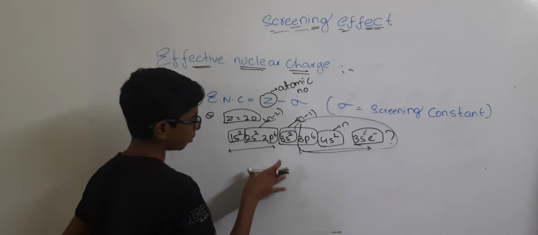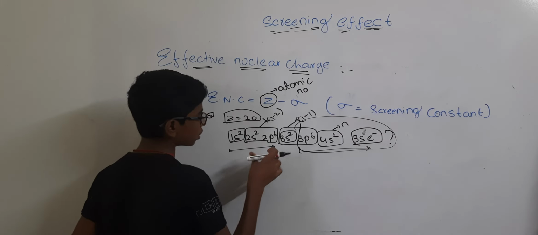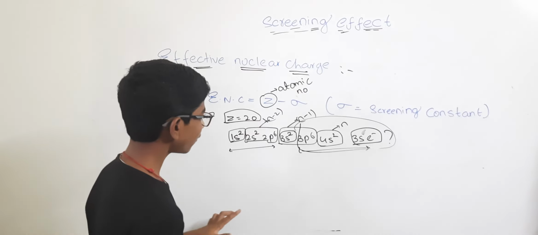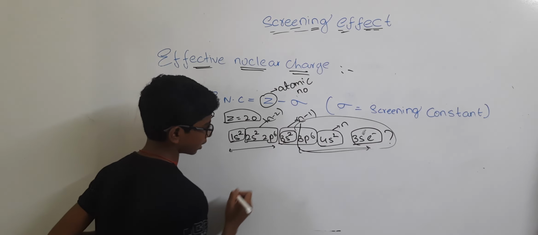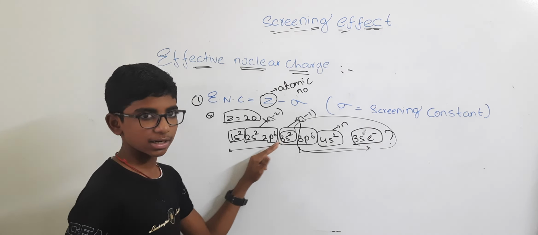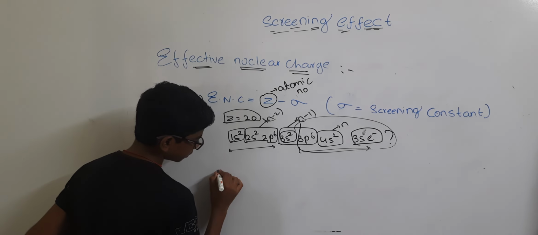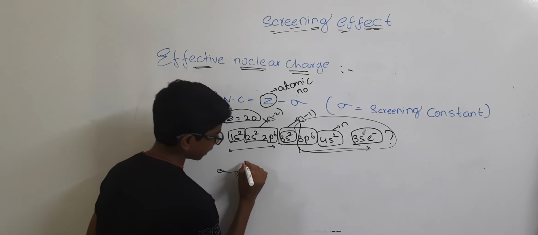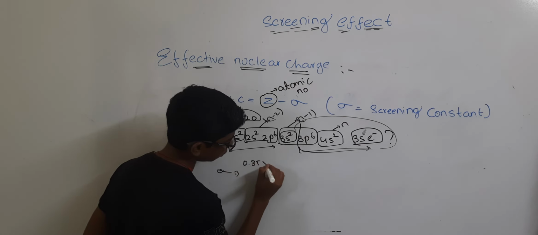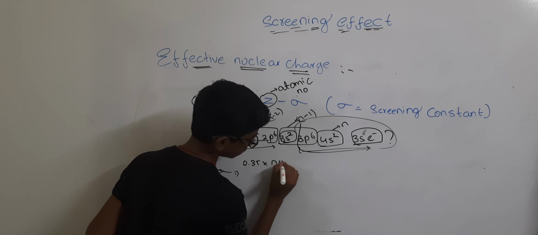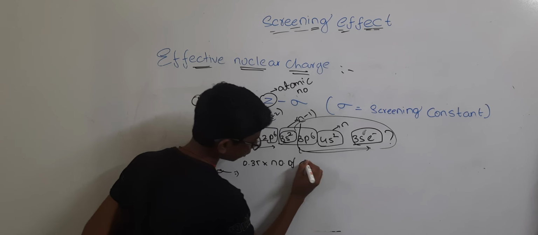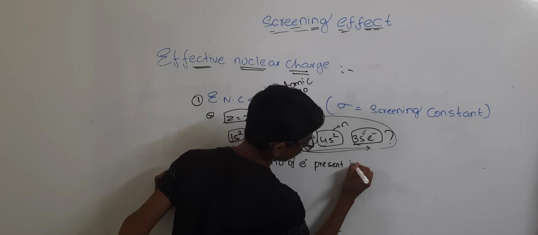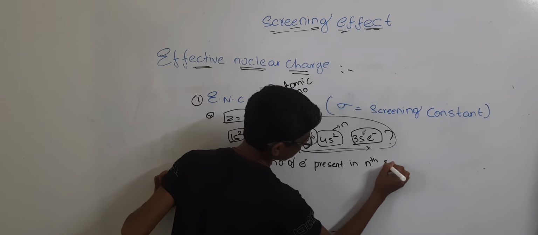Okay. Now you have to concentrate on the left side of the 3s2 electron. First, 3s contains, this is the n shell. Sigma, which is the screening constant, is equal to 0.35 into the number of electrons present in the nth shell.